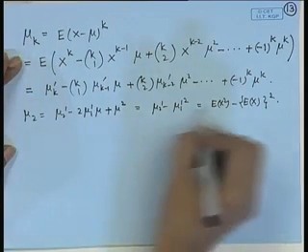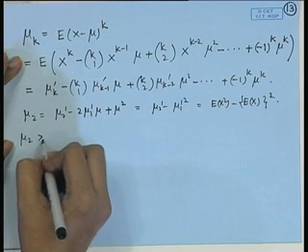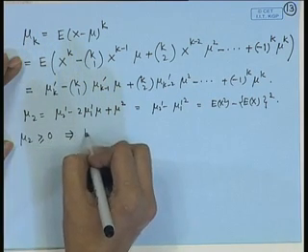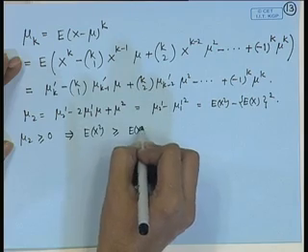We may also observe one thing here: since mu 2 is greater than or equal to 0, this implies that expectation of x square is always greater than or equal to expectation of x whole square.